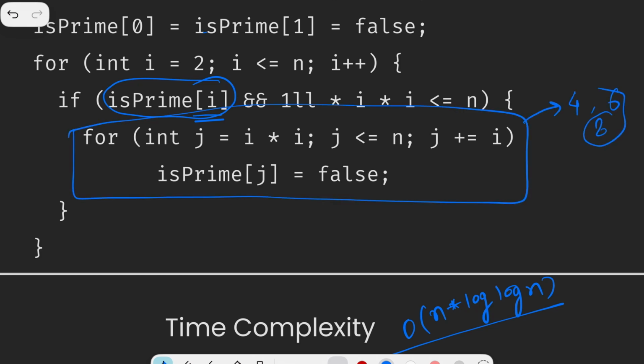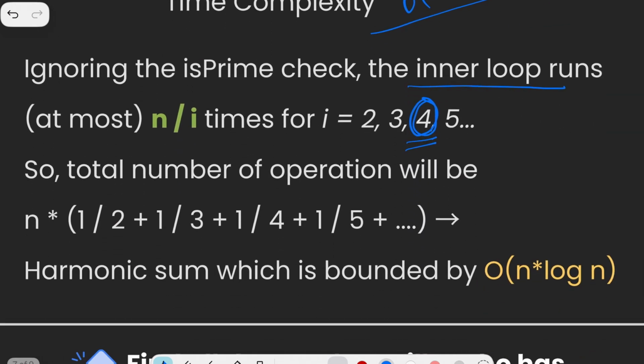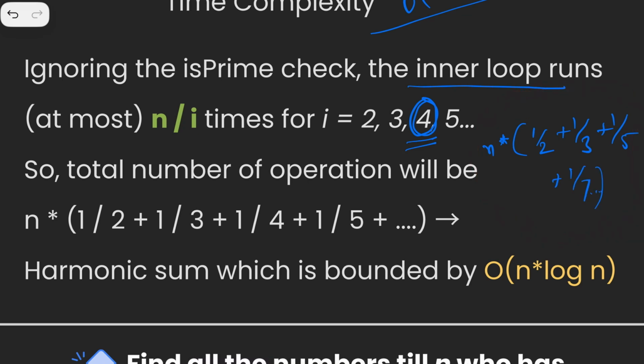The inner loop will not run for these numbers. So the inner loop will run only for the prime numbers. So you will have something like n into 1 by 2 plus 1 by 3 plus 1 by 5 plus 1 by 7, something like that. That's why this log of n gets reduced to log of log n.